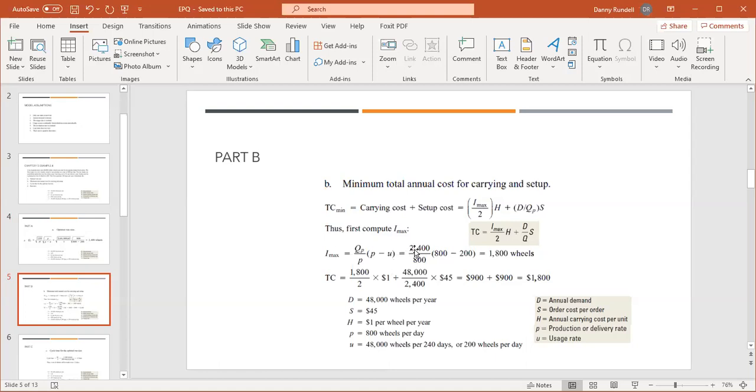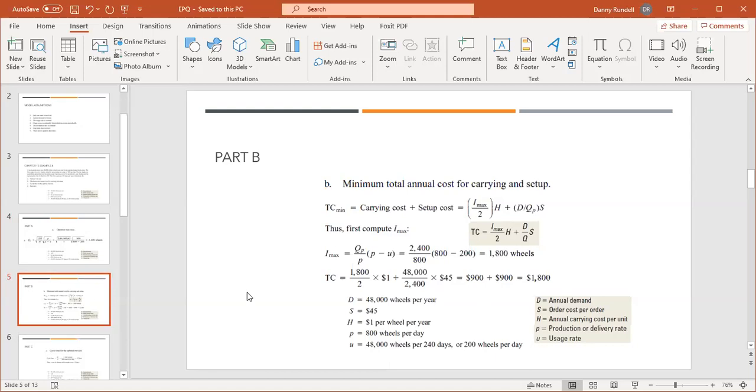So once you plug in these numbers, you end up with 1,800 wheels, which you then turn around and put back into this formula here and plug in these variables that you're used to seeing by now to form this equation, which results in $1,800, okay? So it's a two-step process for solving that part in the example.